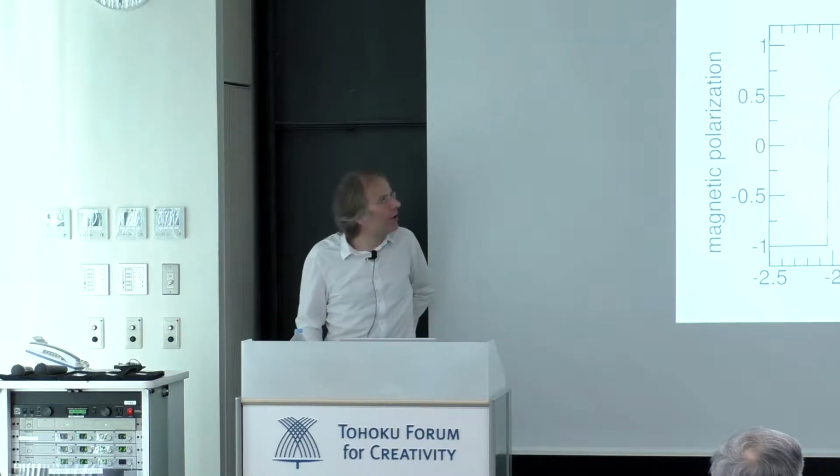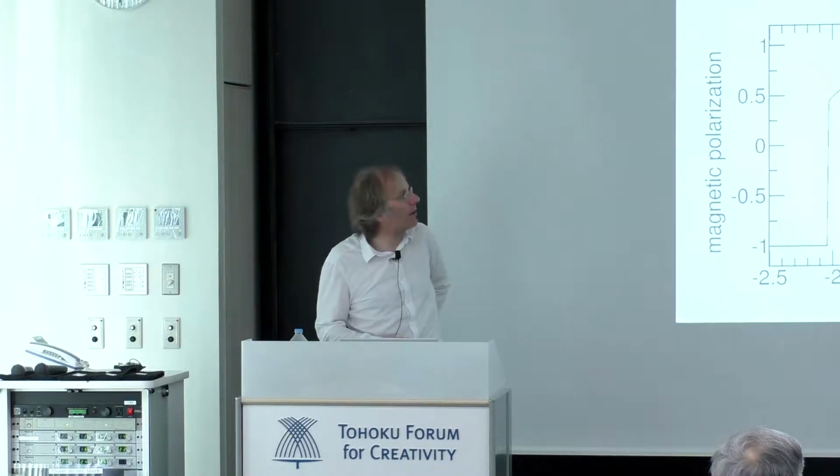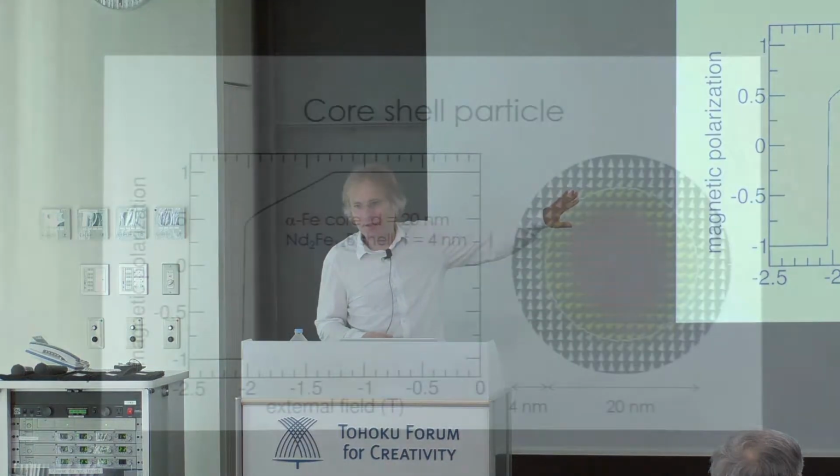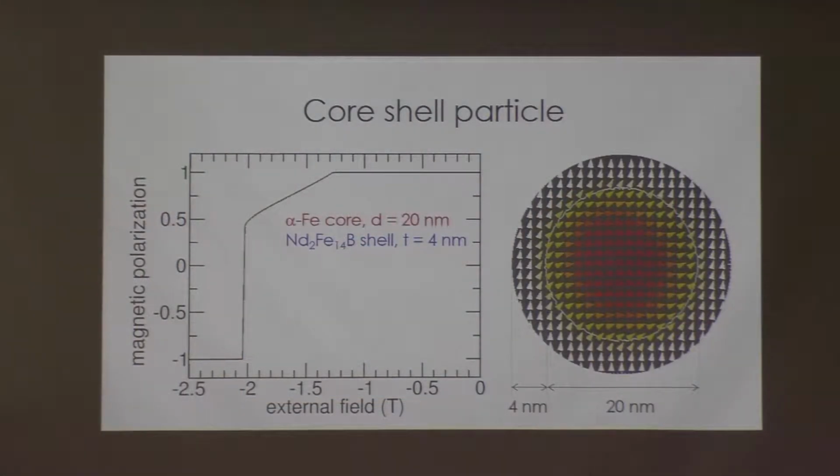For example, you can have a core shell particle where the inner core is, for example, alpha iron, and the outer shell is neodymium iron boron. And if the core diameter is 20 nanometers and the thickness of the shell is 4 nanometers of neodymium iron boron, then we get this demagnetization curve, which looks very promising.